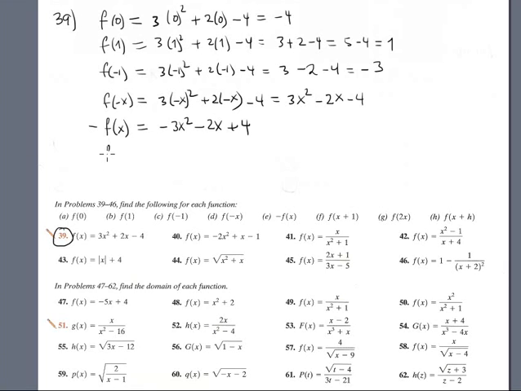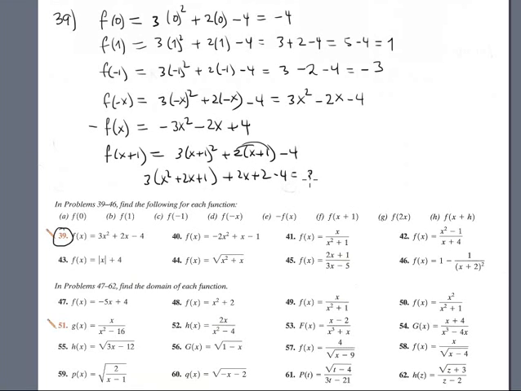And now f evaluated at x plus 1 is substitution: x for x plus 1 squared plus 2 times x plus 1 minus 4. Of course, simplification: you apply FOIL here, 3 times x squared plus 2x plus 1, and distribute the property here, 2x plus 2 minus 4.